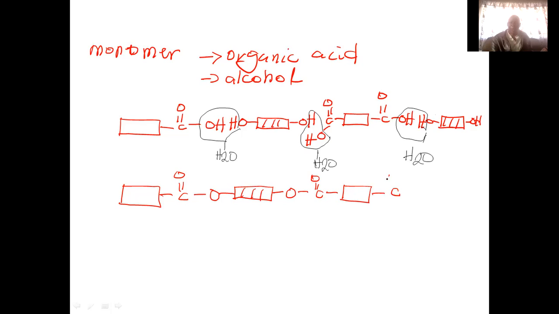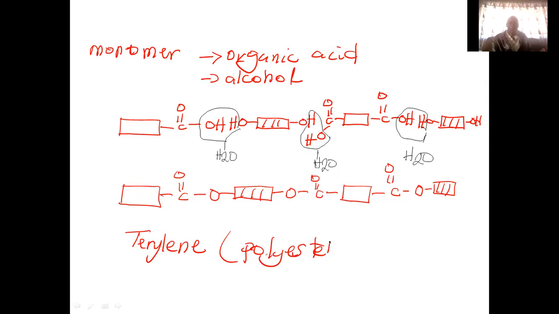And there you have this one connected to oxygen, which is connected to that one. And therefore, this is the terylene, or the polyester, which is formed as a result of the removal of water from the monomers.